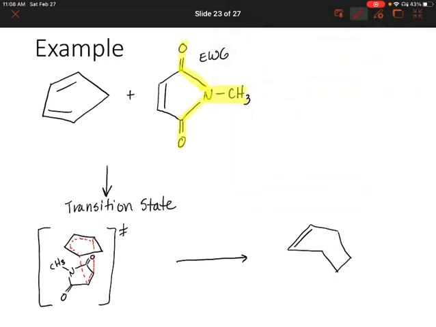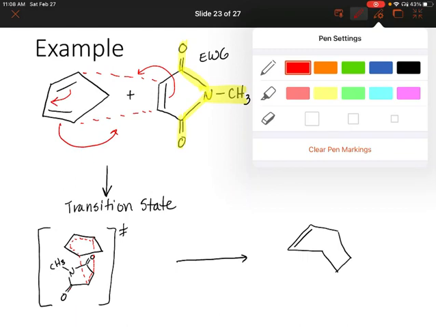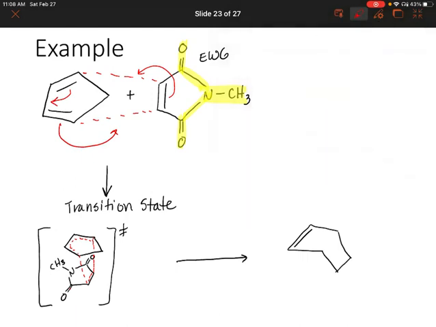So for instance, if we draw those same arrows that we've been drawing up above, the double bond that's going to form here is right there.